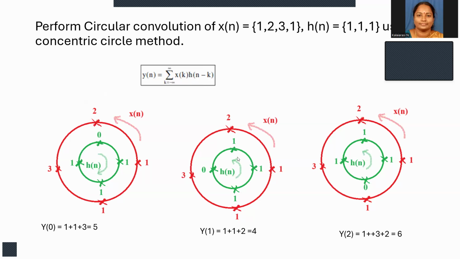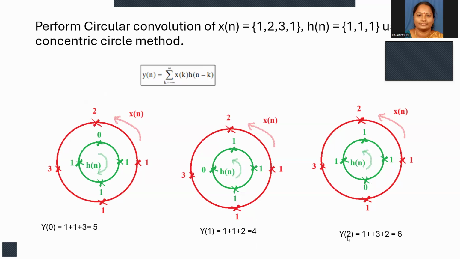So this 1 comes here, this 0 comes here, then this 1 comes here, and this 1 comes here. One sample is shifted, so I get h of 1 minus k. Then multiply sample by sample: 1 into 1, 1; 1 into 1, 1; 0 into 3, 0; 1 into 2, 2. So 1 plus 1 plus 2, 4. So y of 1 equals 4.